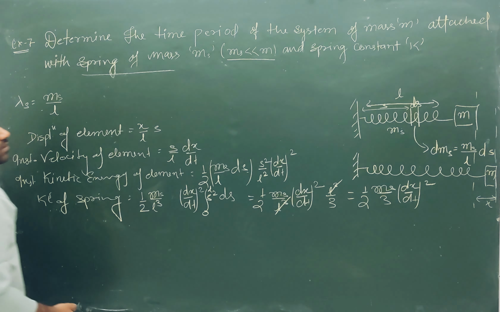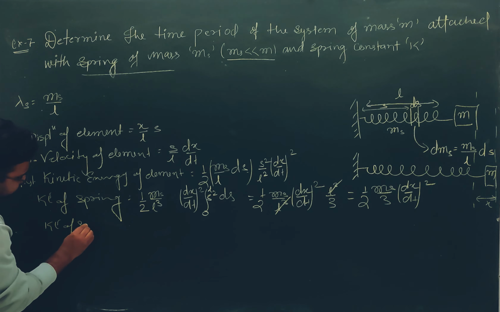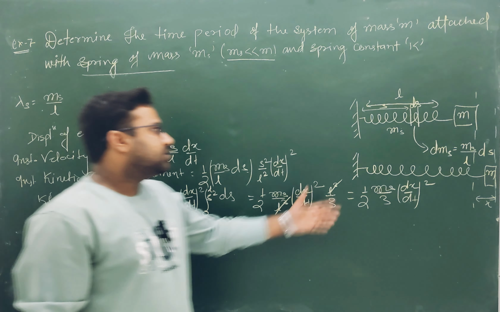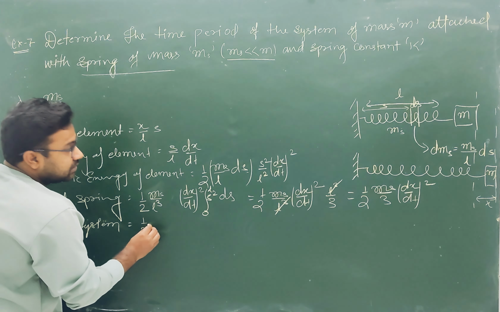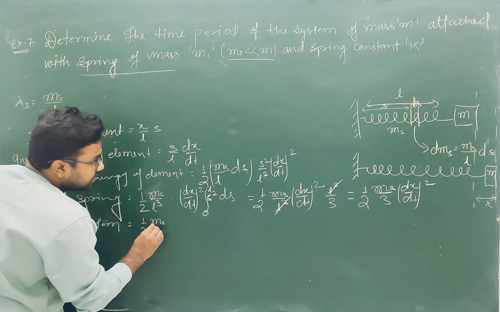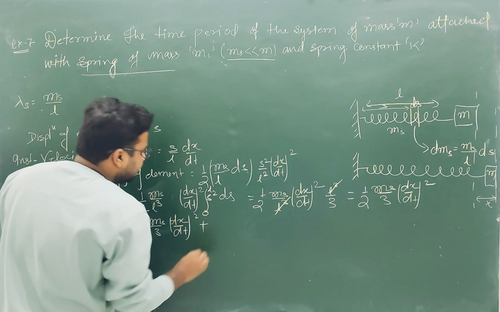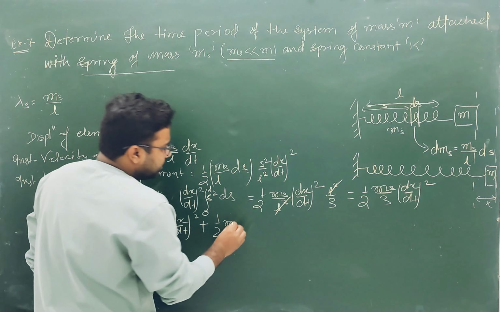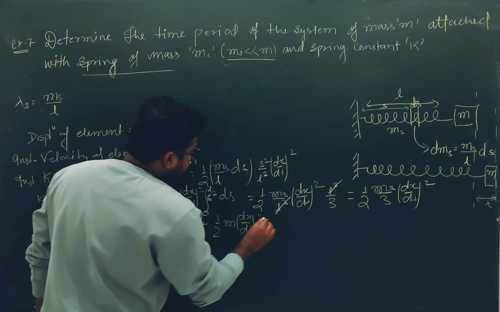Now if we want to calculate the kinetic energy of the whole system, the kinetic energy of the system will be the kinetic energy of the spring plus the kinetic energy of the block of mass m. So we can write one by two, ms upon 3, dx upon dt whole square, plus the kinetic energy of the mass, which is one by two, mass of the block into velocity, dx by dt whole square.